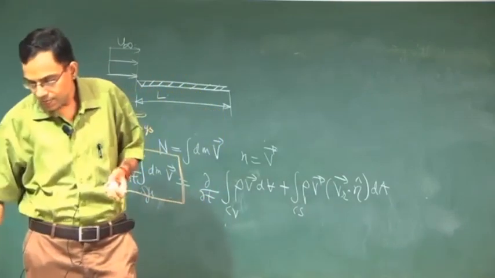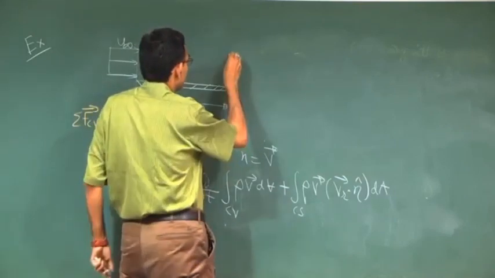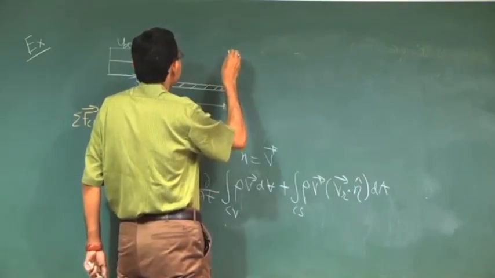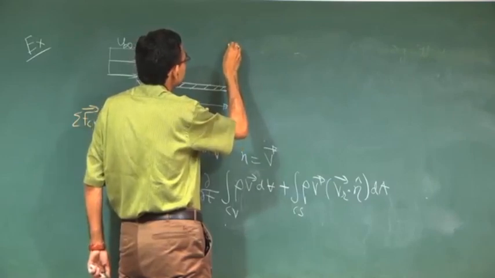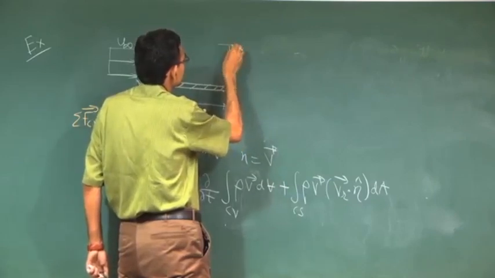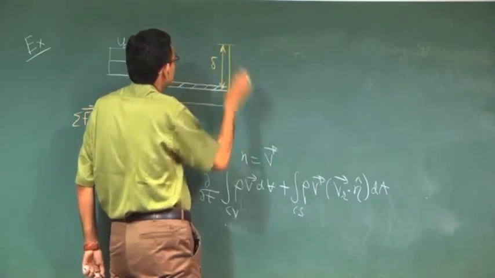So let us say that at this location you have the boundary layer thickness as delta.